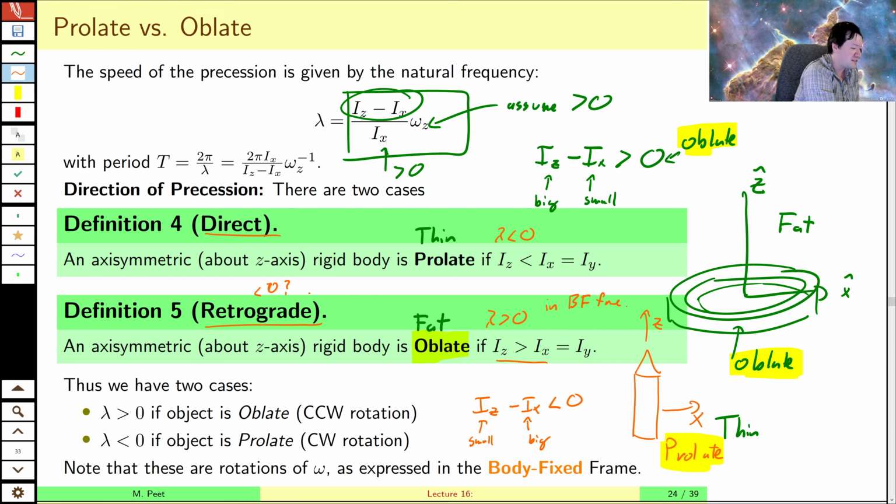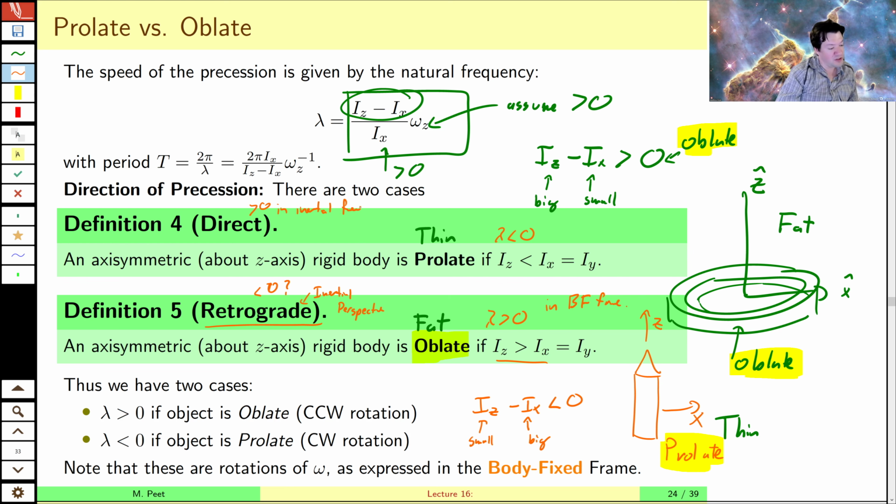So this is from the inertial perspective. But anyway, that's what it's called. And direct would seem to be positive, but again, that's in the inertial frame, and we're in the body fixed frame. So just a little caveat right there.